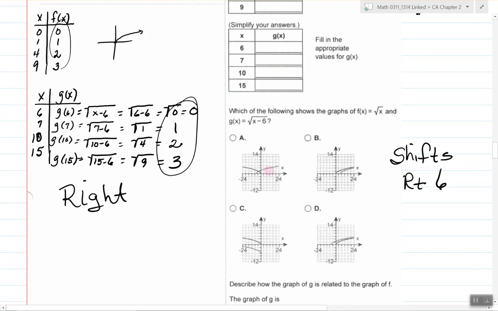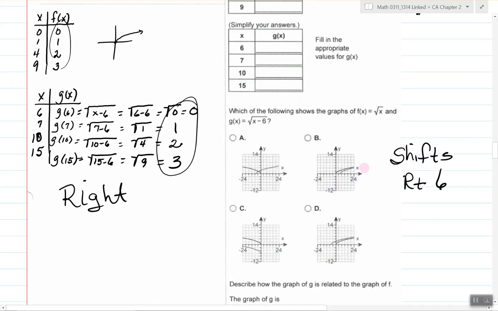This one looks like one of them turned around. This one looks like it did move a certain number of units, and if you could blow this up, this is counting by 4s. 4, 8, 12, 16, 20, 24.